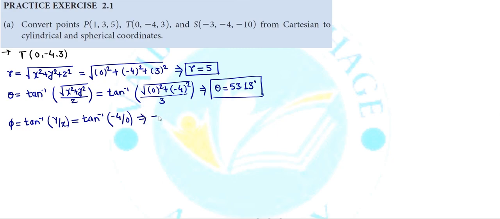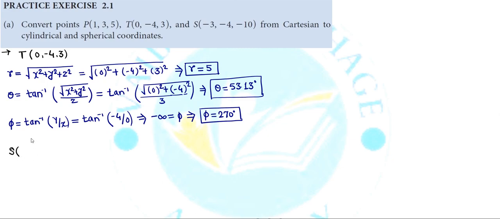Initially it comes out to be minus infinity for your phi, but from the perspective of that coordinate system and the location of x and y, we have phi to be 270 degrees. You can refer to the earlier part of the same video for a deeper understanding of that one. I am not going to discuss that part over here. Again, you can pause this video and revert it back so that you will get your answer. The next is your point S.